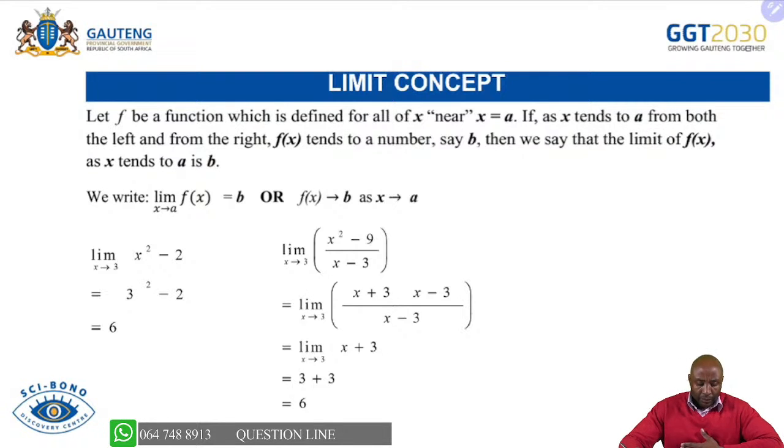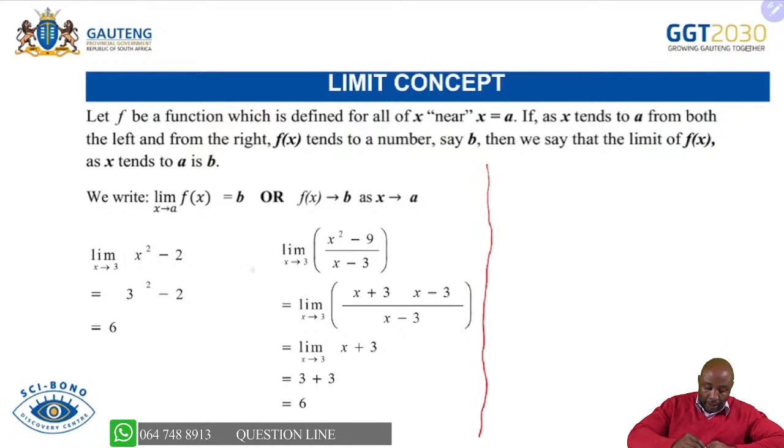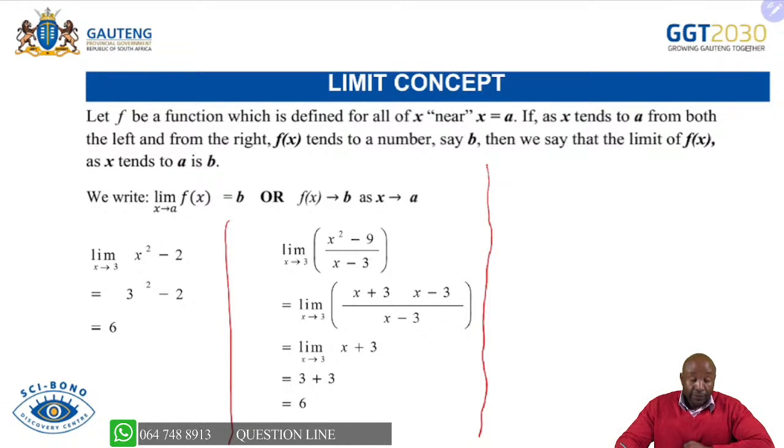Now, just to have an idea of how we evaluate the limit, though it's not a major part, we just need to understand how this limit works so that we are able to use it for our first principles. If you look at the first example, our function is x squared minus 2. We want to evaluate the limit as x approaches 3.